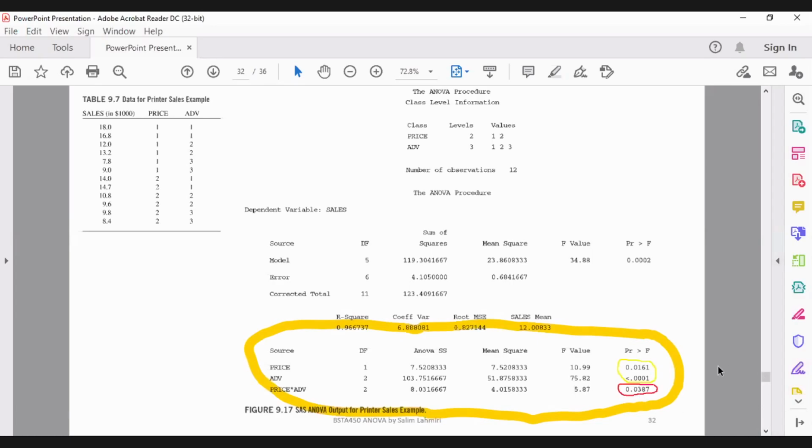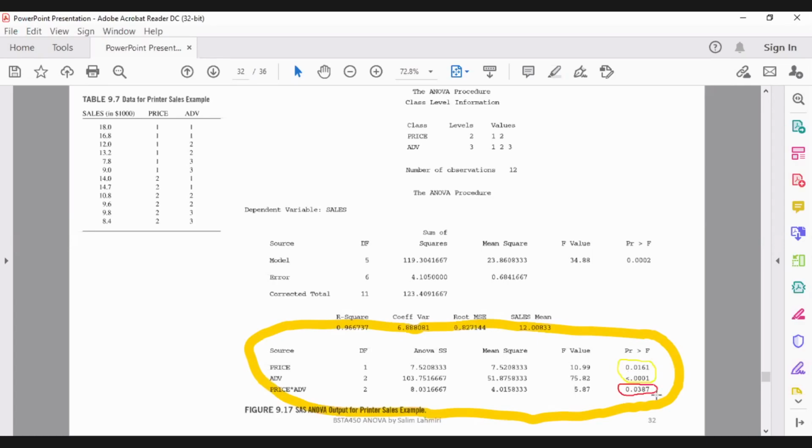For price level, the null hypothesis is rejected because the p-value is 0.0161, less than 5%. So the null hypothesis of equality of sales across price levels is rejected, meaning that at least one price level is different.